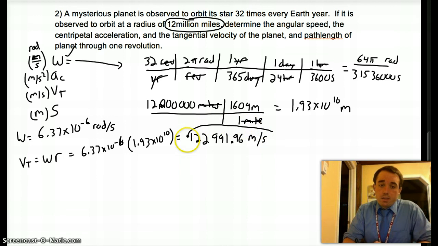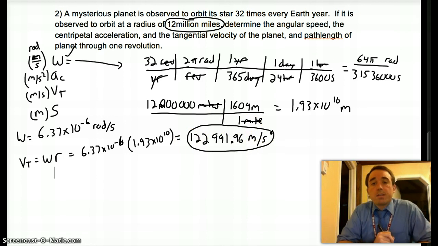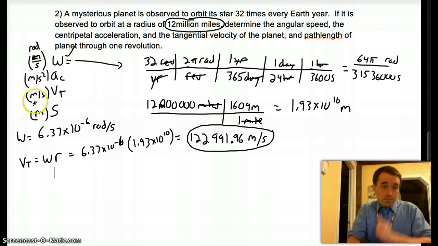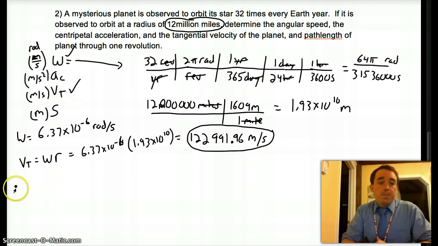This planet is hauling, going very fast. But you got to think about it. It's closer into its star than ours is. We have 93 million miles, and it's circling it 32 times every year that we do. So it's got to be going pretty fast. So that's pretty cool. Tangential velocity is all set.